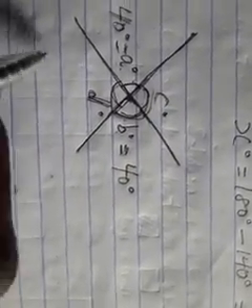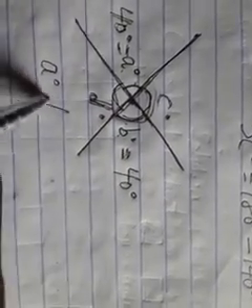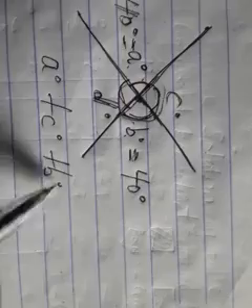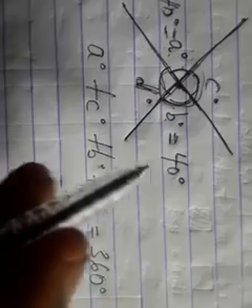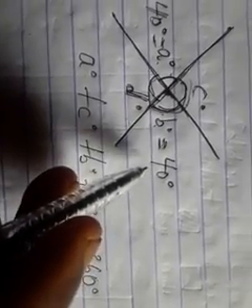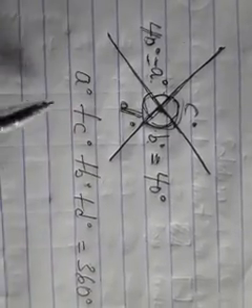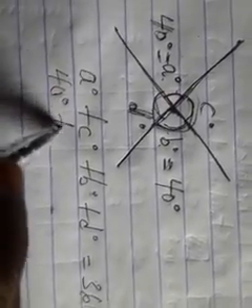So therefore, A degree plus this C degree above plus B degree plus D degree, everything should give me 360 degrees. Remember that we got B to be 40 degrees. If B is 40 degrees, A too should be 40 degrees. So A here is 40 degrees.